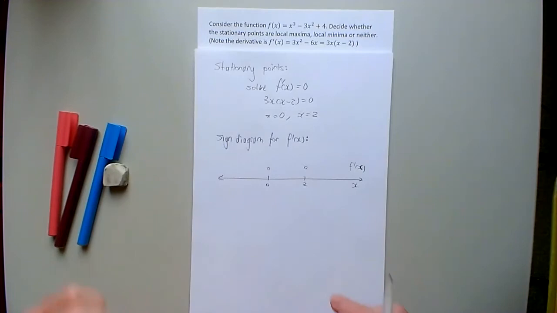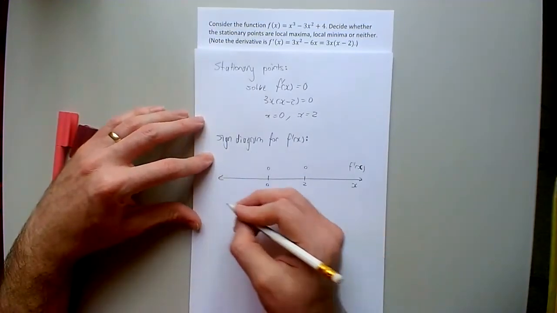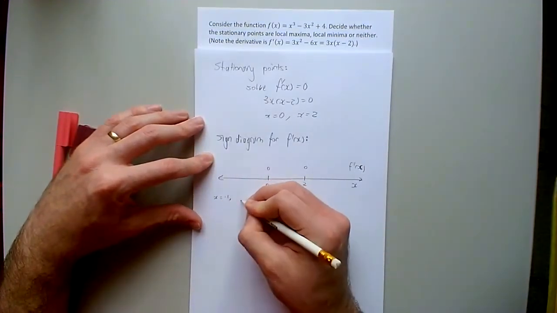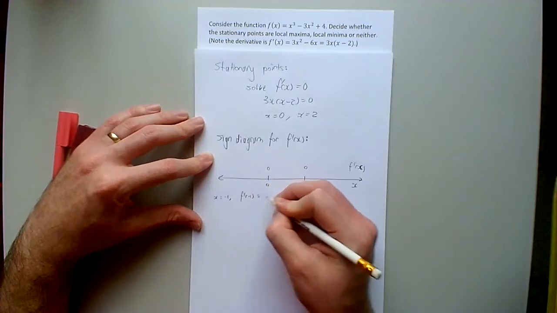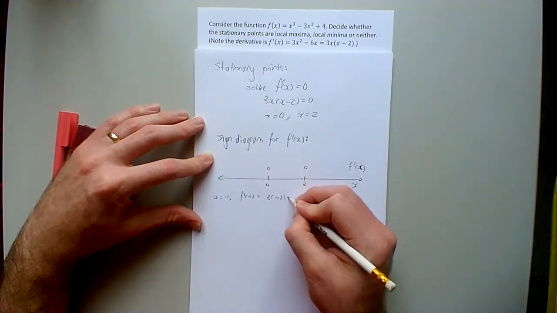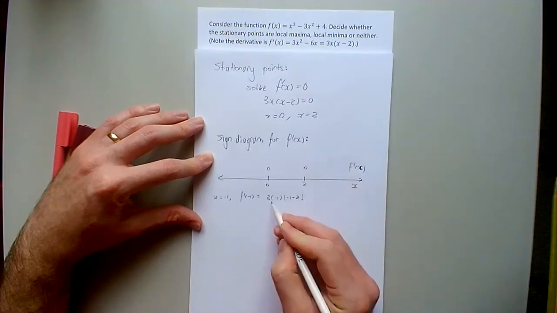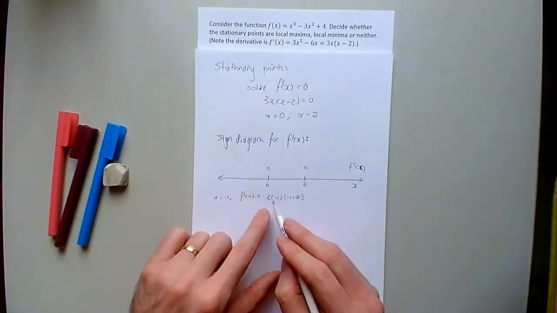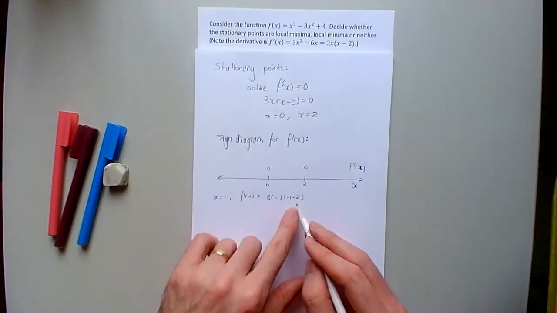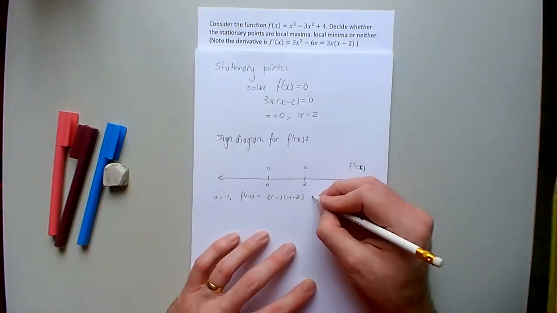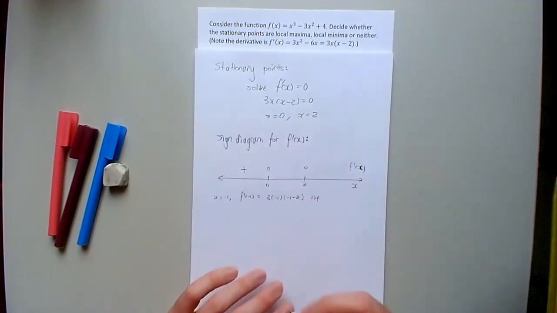Okay, so when x equals minus 1, f dashed of minus 1 is 3 times minus 1 times minus 1 minus 2. That's negative, that's negative. Positive times negative would be positive. So that's a plus there.